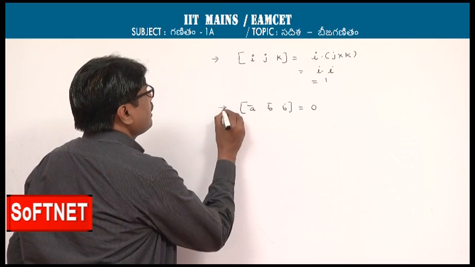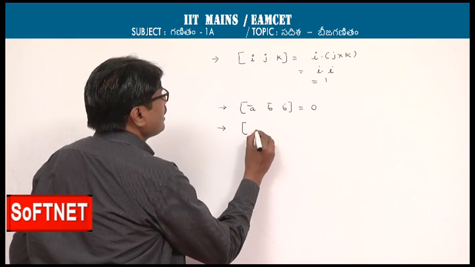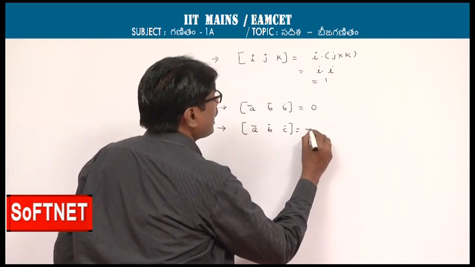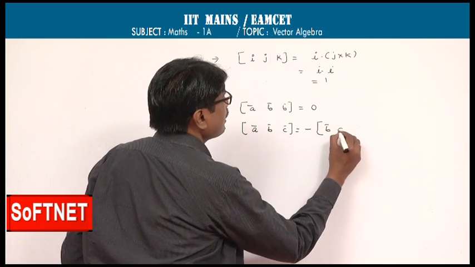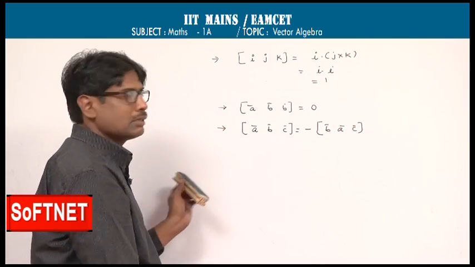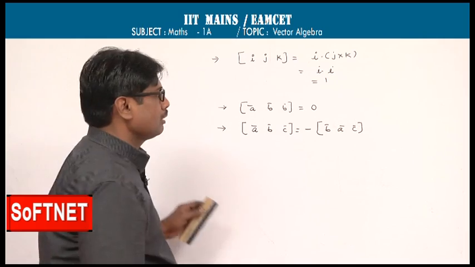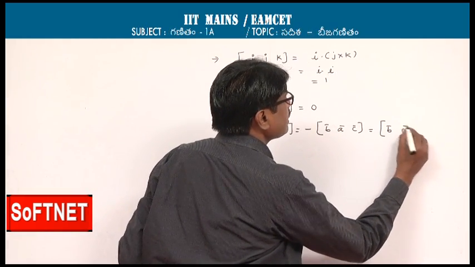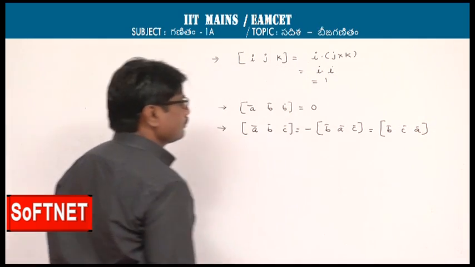And next, box of A bar, B bar, C bar is equal to minus box of B bar, A bar, C bar. When one vector is rotated in the box, multiply with minus 1. Another rotation would be B bar, C bar, A bar.